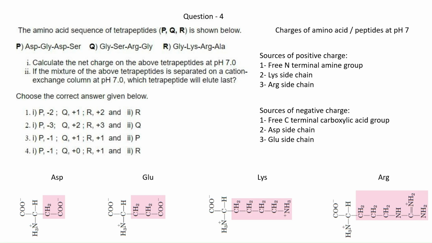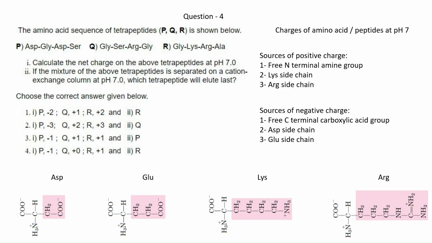Now, with this information in mind, let's calculate the charge for the first tetrapeptide, that is aspartate, glycine, aspartate, and serine. Now, when dealing with any polypeptide, the N-terminal and C-terminal groups will cancel out their charge, which are +1 and -1.